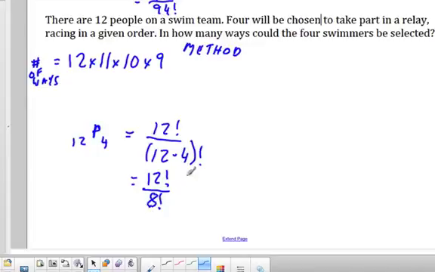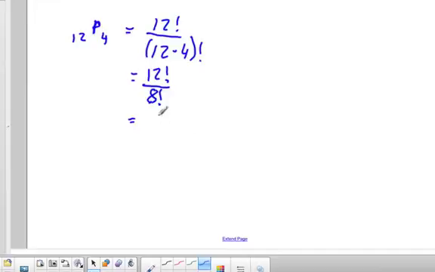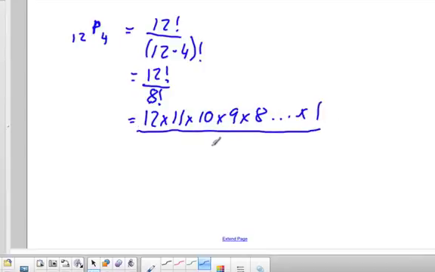Written out, this is 12 times 11 and so forth till you get to times 1, all over 8 times 7 till you get to times 1.